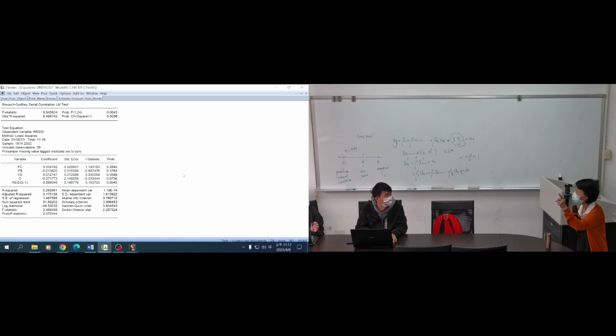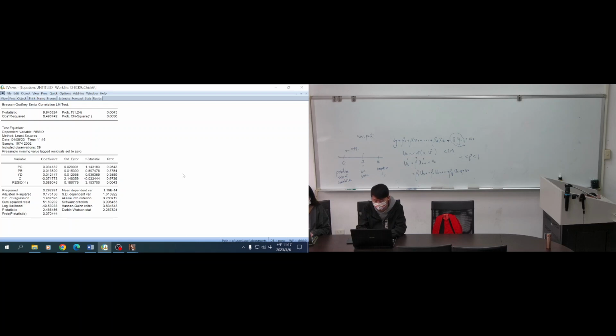BP, the same B, but this one is the other one, a B with another name, so I call it the BG test. So it's the BG-LM test. And this BG-LM test means I add one more lagged residual in the regression.